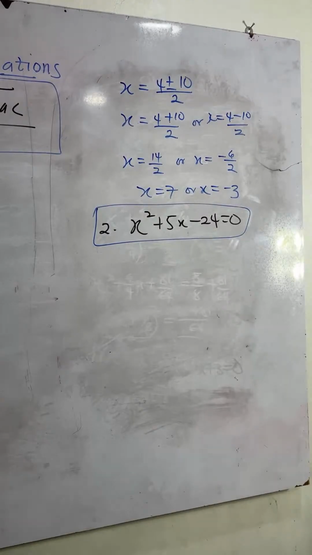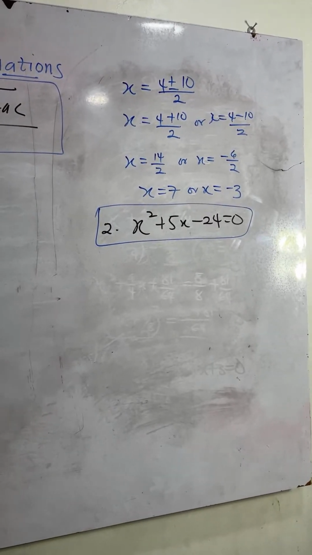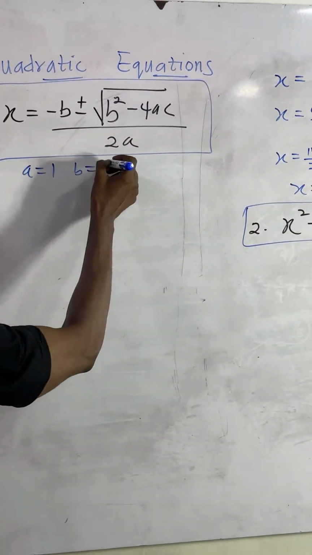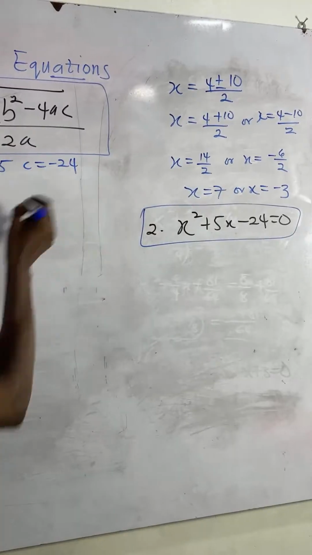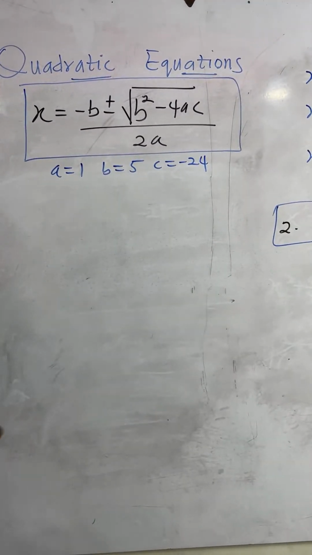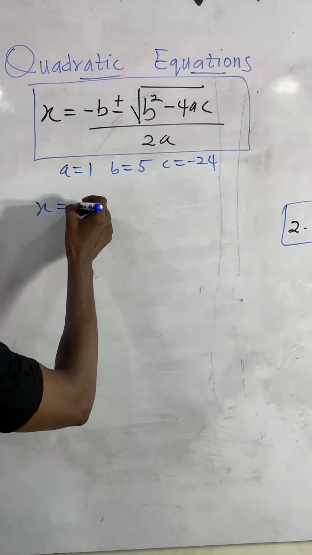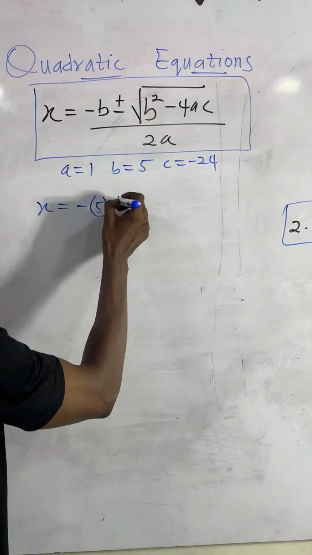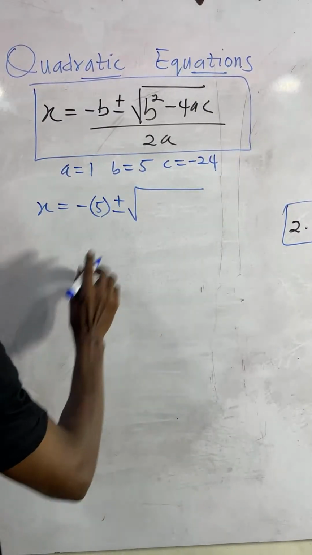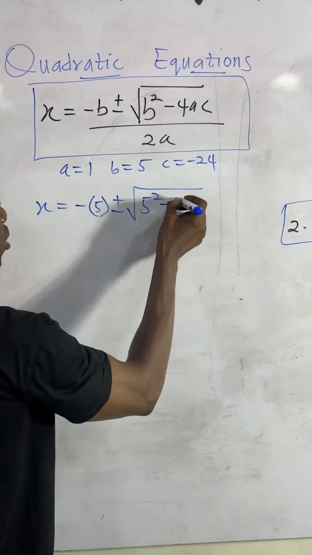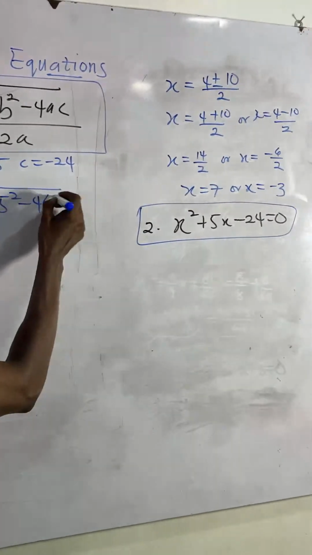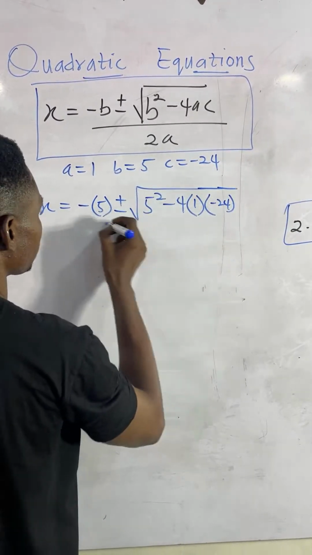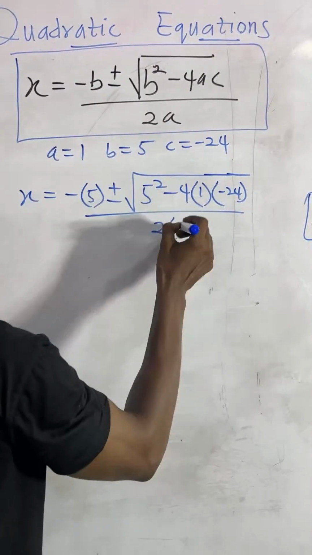The network is quite poor. So our a is 1, our b is 5, and our c is negative 24. So our x equal to, following this formula, minus b, which is 5, plus or minus the square root of b squared minus 4 multiplied by a multiplied by c, all over 2 multiplied by a.